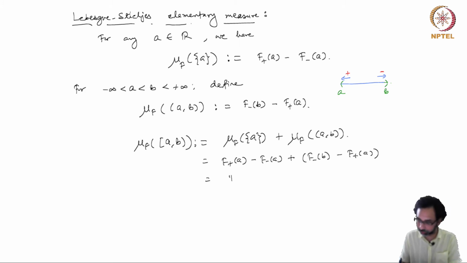So this gives us f plus a and minus f plus a cancel out, so f minus b minus f minus a.